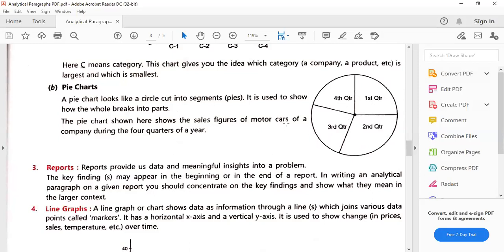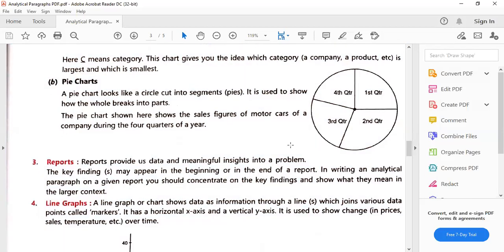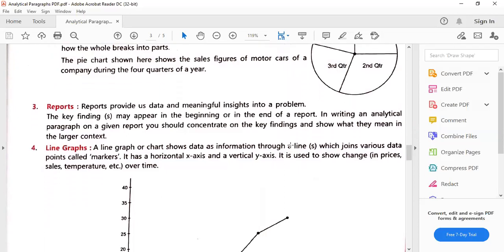So the whole year is divided into 4 quarters, and accordingly the sale is represented through these parts. So it is known as pie chart. Accordingly we will explain.